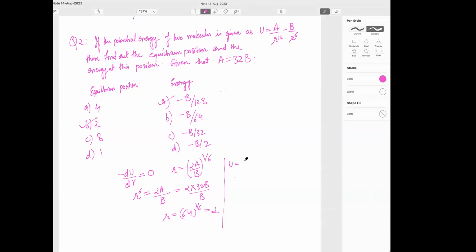Substitute the value of R. It comes to be A by R to the power 12 minus B divided by R to the power 6.